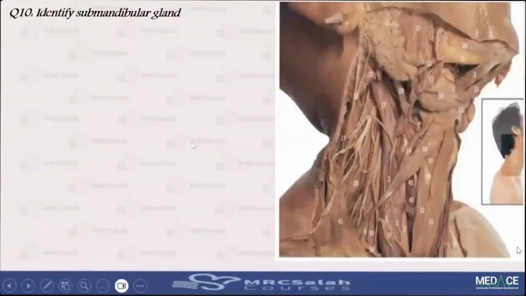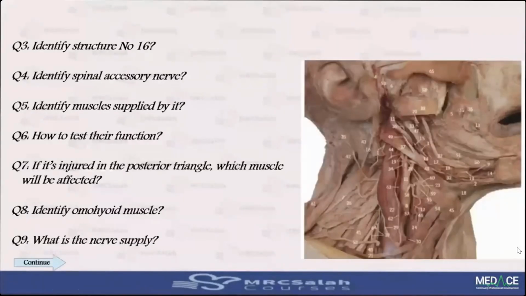Before going further, in your last exam, they asked what is the origin of omohyoid. The origin of the omohyoid, okay, from the hyoid bone. I don't know the extension of the muscle, to be honest, but I know one of the insertions is the hyoid bone, and then it goes to the posterior triangle to divide the posterior triangle.